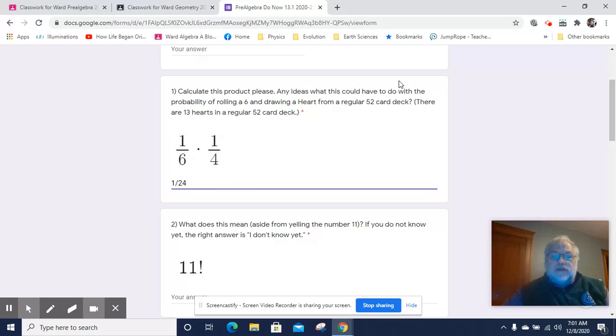But what does this have to do with the probability of rolling a 6 and drawing a heart from a deck of cards? Well, the chance of rolling a 6 on a 6-sided die is 1 in 6.